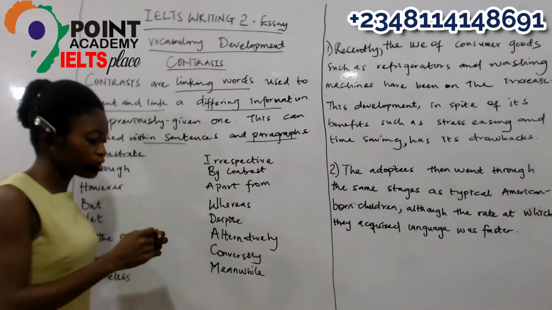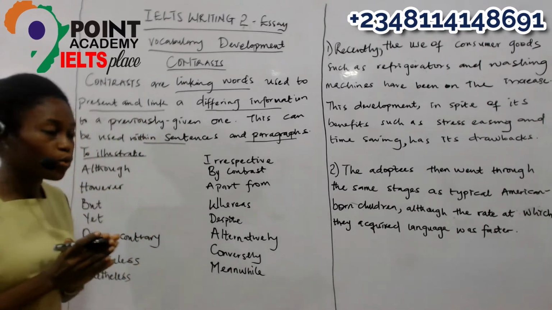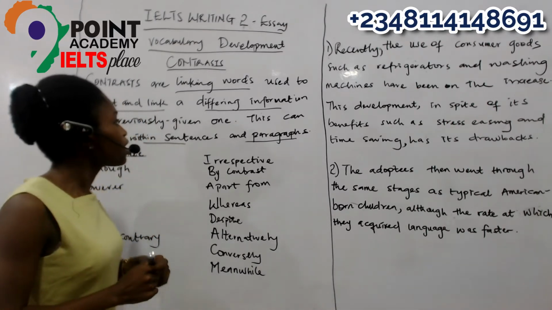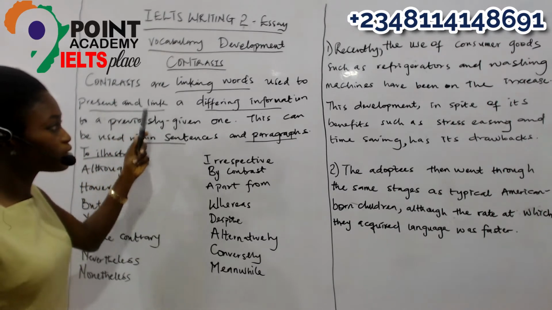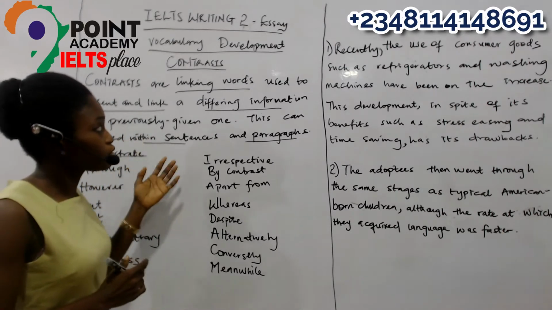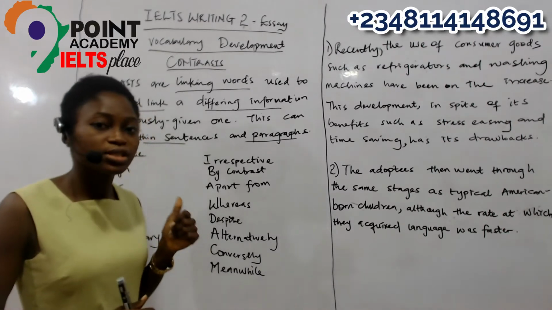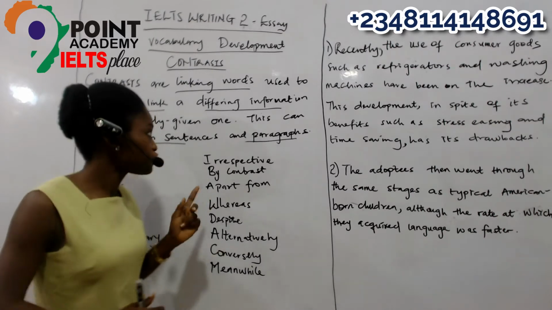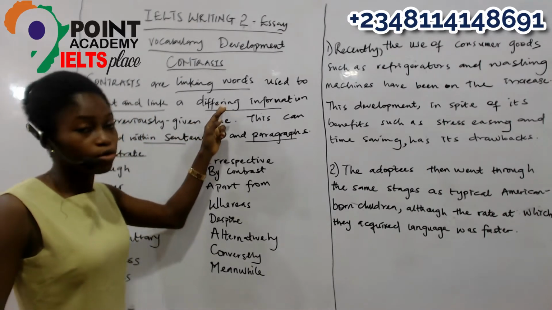Now when you say linking words, you have two different information, then there should be a link when you're writing your sentences. Now when you're using it to present and link your information, what you do is to choose the appropriate contrast in order to present a differing opinion or information.